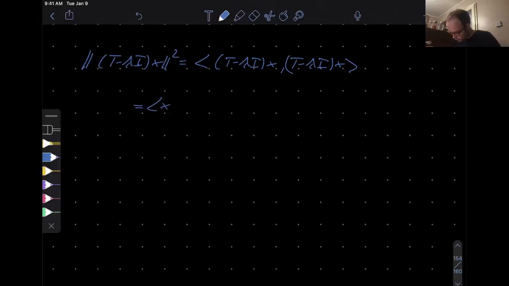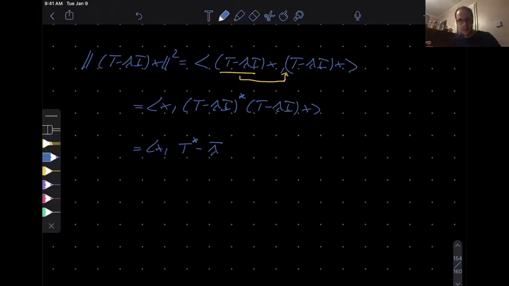So when you move this guy, the whole thing here, you move it over, you have to put a star outside. There I haven't used yet that conjugate linear isometric isomorphism property, but now I have, so T star minus, and then it gets a lambda bar on top because it's conjugate linear. And then the adjoint of the identity is the identity. So you have this.